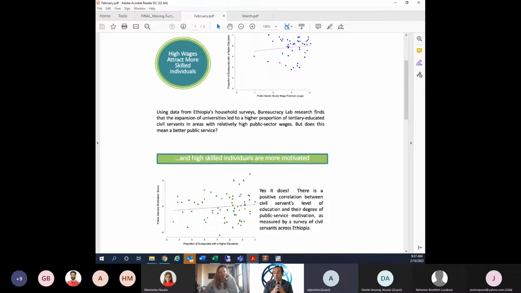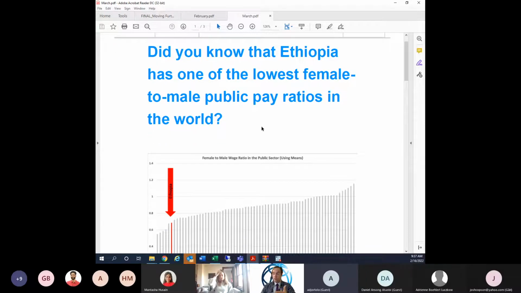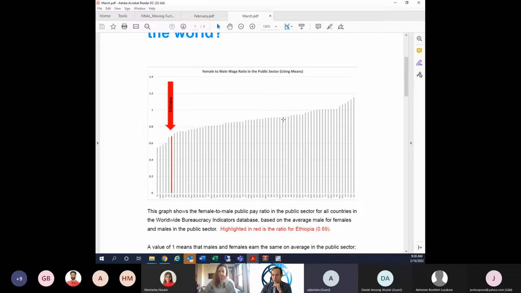Because that meant that everyone had seen the newsletter and everyone could talk about it. So then people started to ask us about individual questions. We were asked, well, what does the gender ratio in pay look like in Ethiopia? And so we could respond to individual questions, and the newsletter could be directly responding to that question. Did you know that Ethiopia has one of the lowest female to male public pay ratios in the world? And that became a topic of conversation.